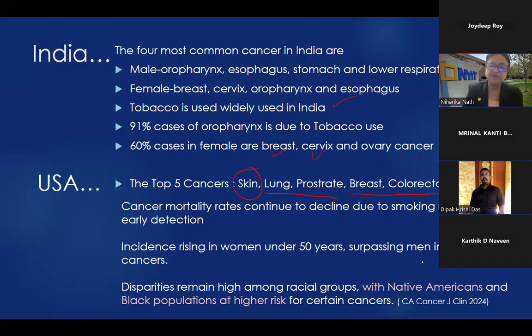The Native American population and the Black population, the African American population, are at a higher risk for certain cancers. For example, the African American population is at a higher risk for colorectal cancer. Young men in their very early 30s will develop colorectal cancer, and it leads to big mortality.